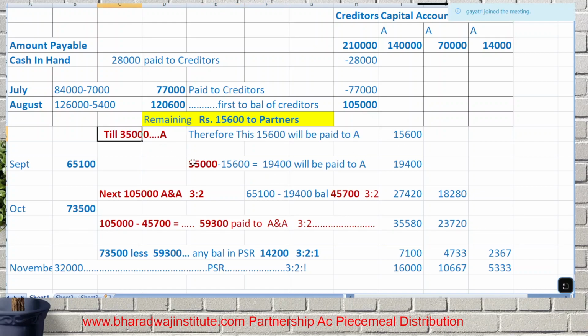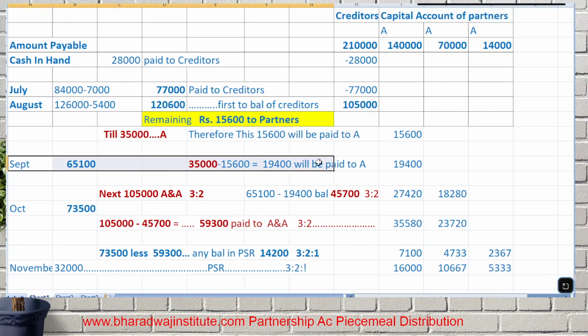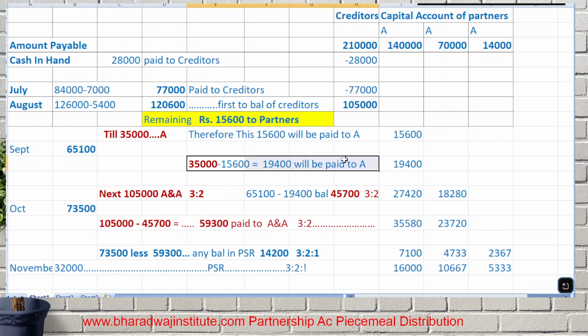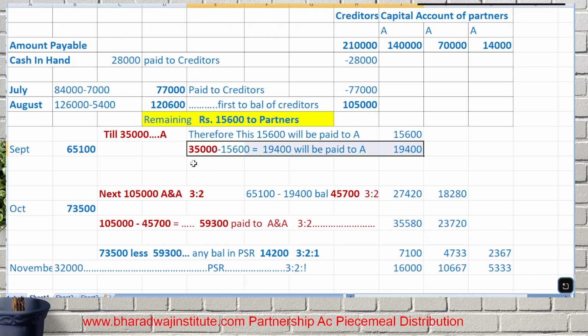And to fulfill the condition, even in this 65,100 we pay 19,400 to A only. Till 35,000 it can be paid to A. So September realization, there is 65,100. To fulfill the condition we keep paying that to A.